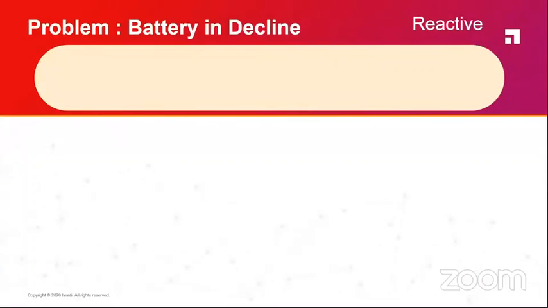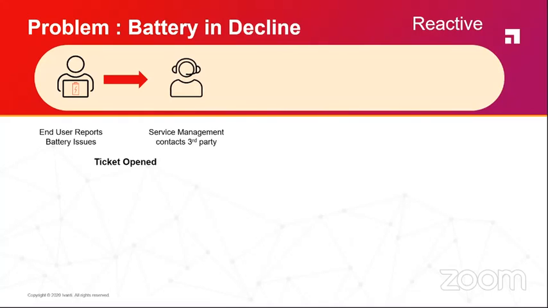Let's look at a real-life example from one of our customers who needed to address the issue associated with laptops failing in their estate. They were working reactively to resolve this issue and spending a lot of money on replacement batteries that were out of warranty. So let's look at the scenario. A user's battery fails and they raise a ticket within the help desk.